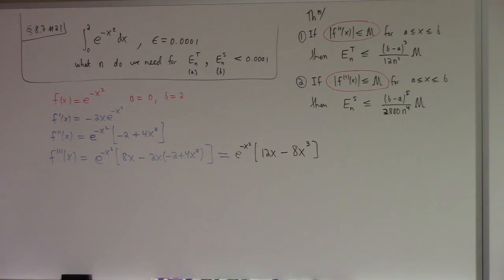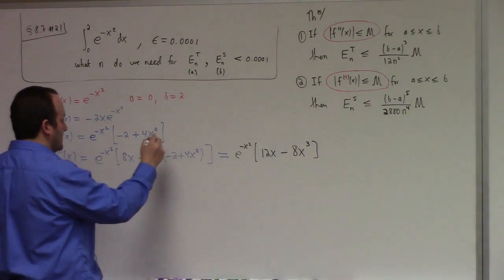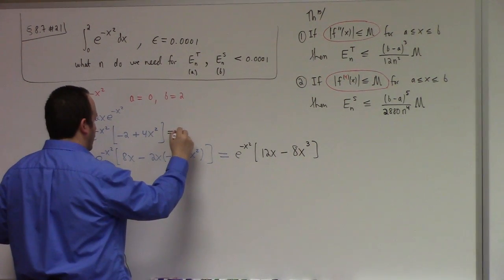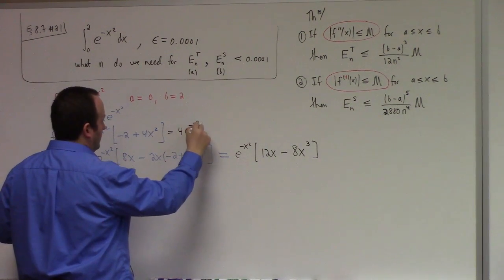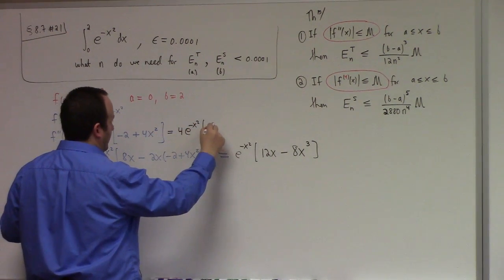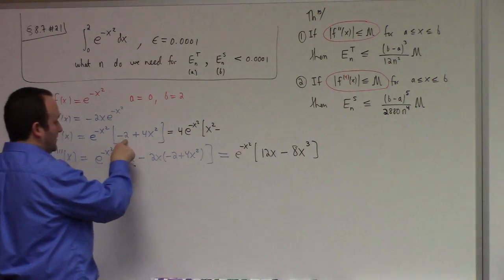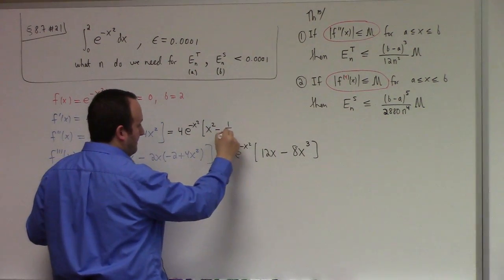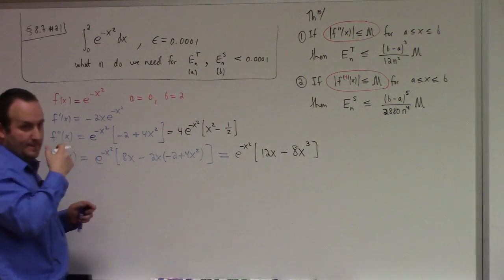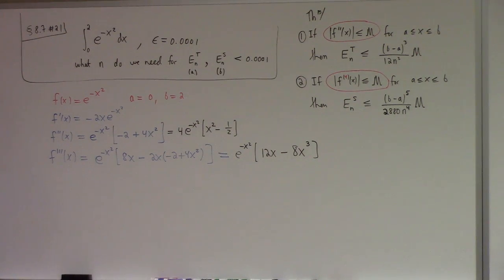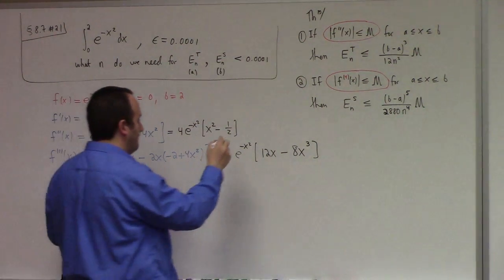Let's see here. Can we clean up the second derivative? What I've got is 4 times e to the minus x squared times x squared minus 1/2, right? So I could write that as what?